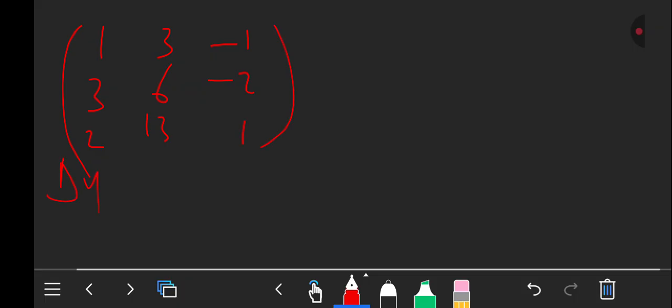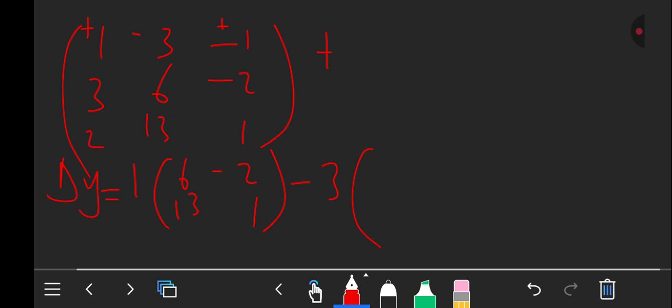So determinant of y will be equal to, we'll start with 1, we form a matrix, so it will be 6, 13, -2, 1, then we come to -3, because the leading sign is plus, minus, plus, okay? So it will be plus there, minus there, plus.